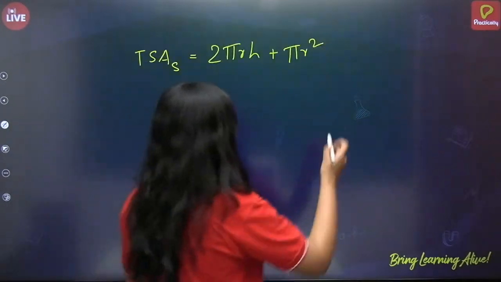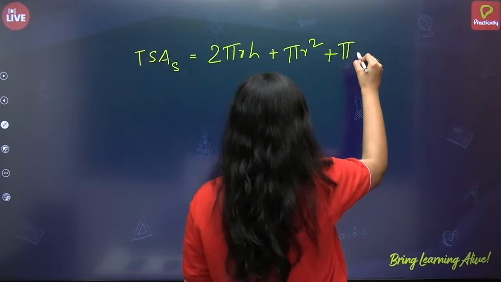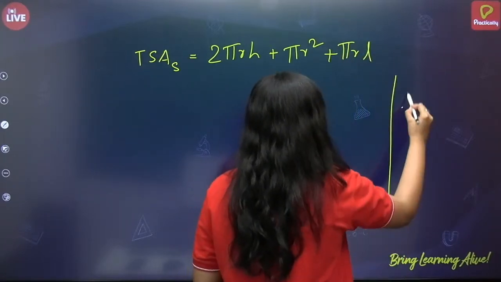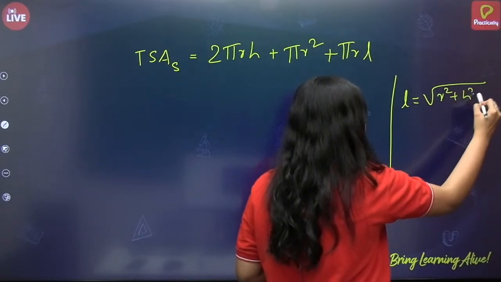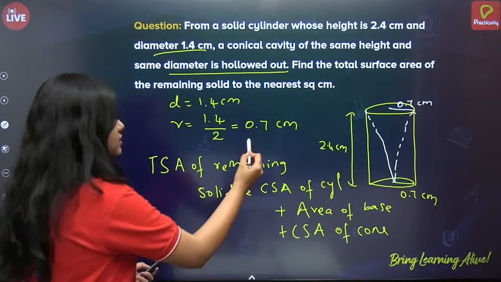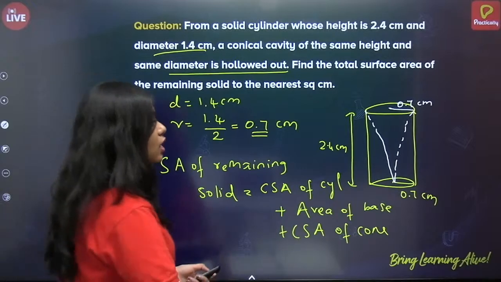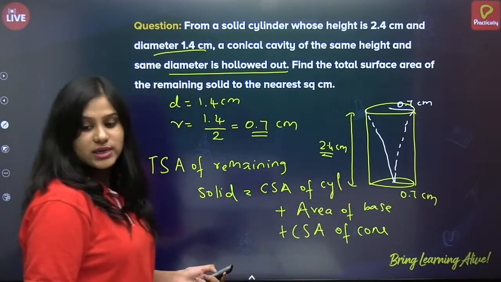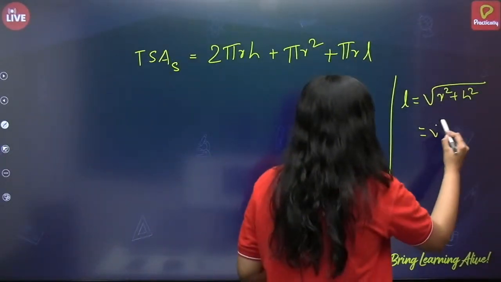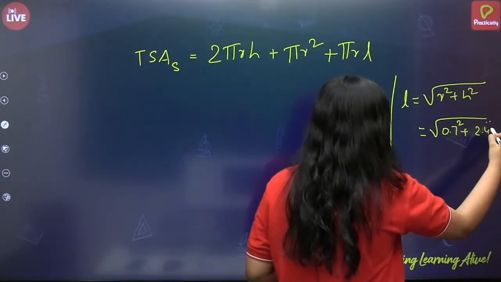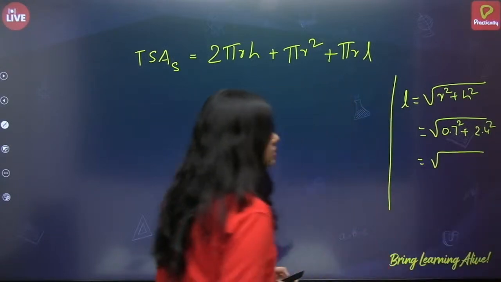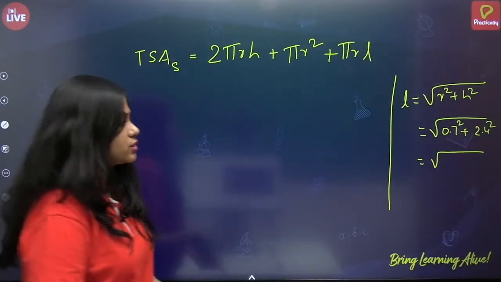No. So we also have to find that. So let me find here. L is equals to under root of r square plus h square. So what is the radius? 0.7 centimeters. What is the height? 2.4 centimeters. So just substitute 0.7 whole square plus 2.4 whole square. So what we'll get? 0.7 whole square is 0.49.